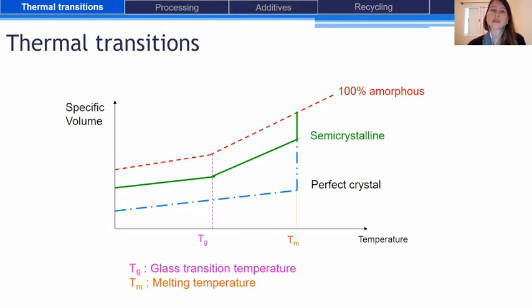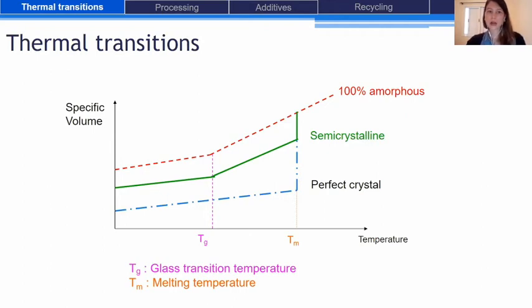This specific volume will decrease with the increase of the amount of crystals in the semi-crystalline polymer, due to the fact that the chains are more packed in this region, and so the free volume in the semi-crystalline polymer will decrease.